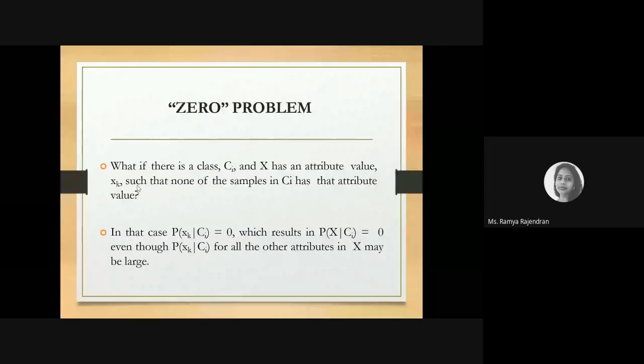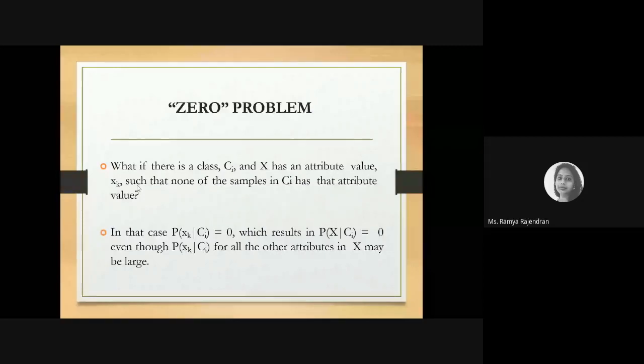Here we're trying to compute the probability of occurrence of an event given a condition. If a particular event's probability becomes zero, the whole conditional probability becomes zero for that sample. Because of that, we are not able to get the right class labeling, so it is sometimes a very expensive mistake.